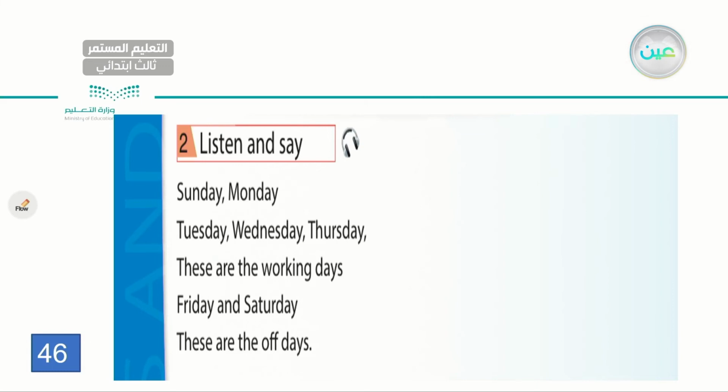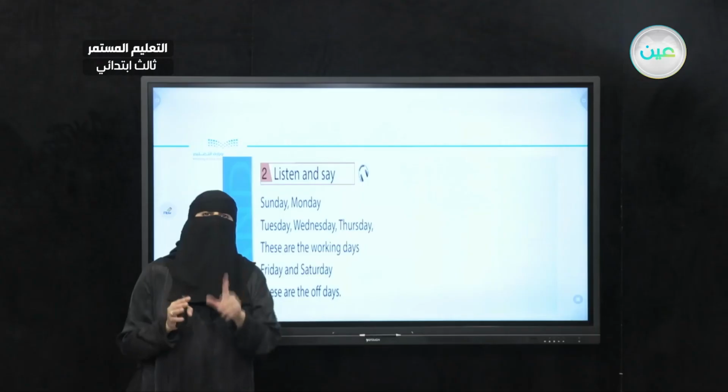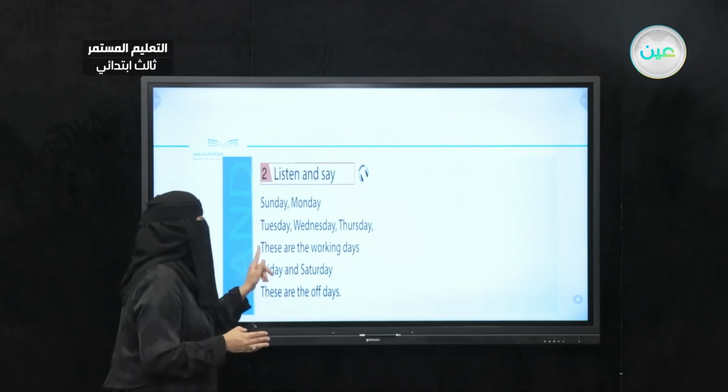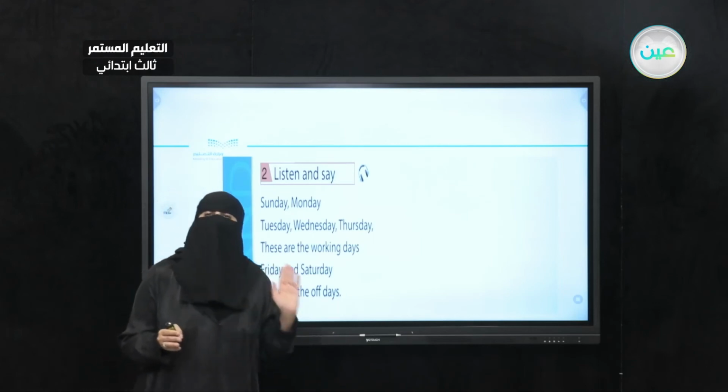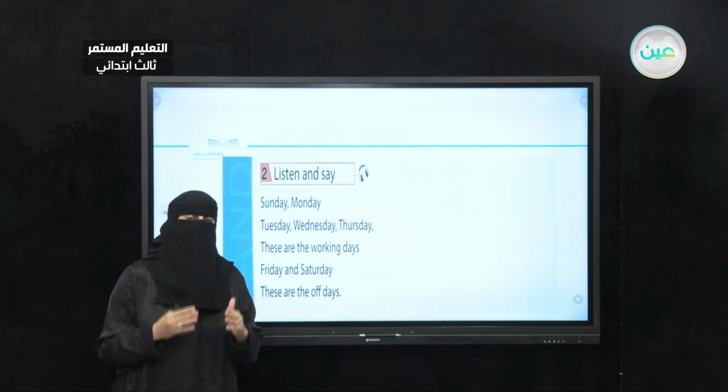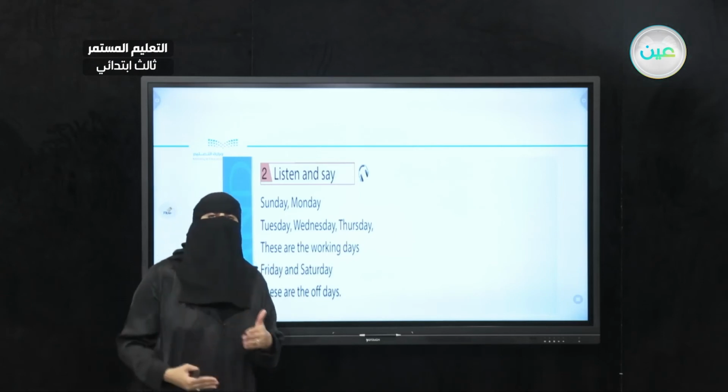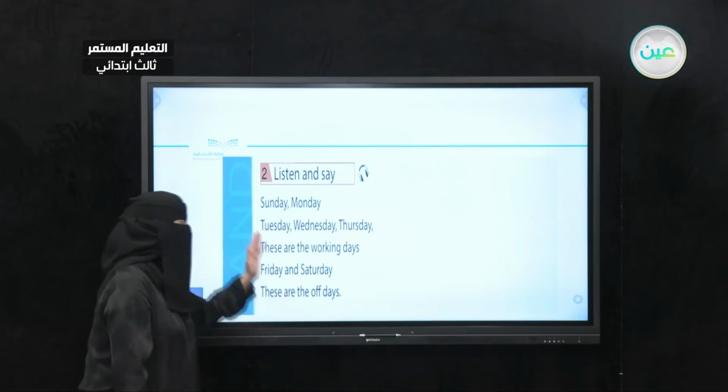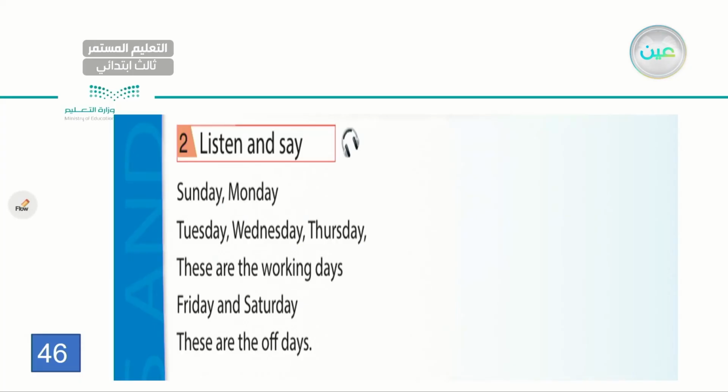Okay, as I told you before, these 5 days are called the working days or the weekdays. These are the days that we go to work, to school, okay? But Friday and Saturday, we don't go to school, we don't go to work. They are called weekends. These are the off days because we don't go to school, right?